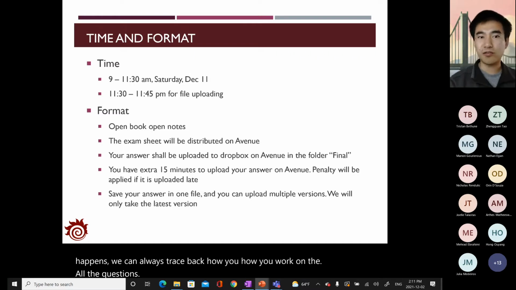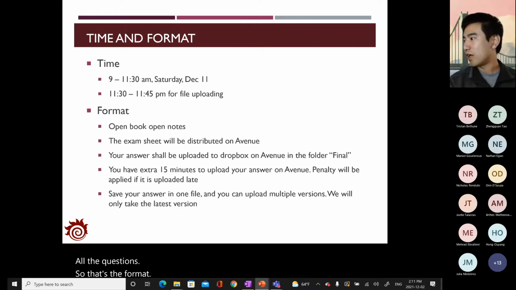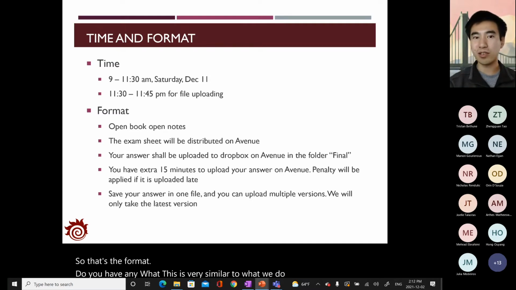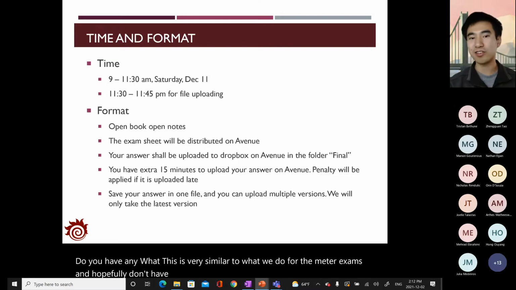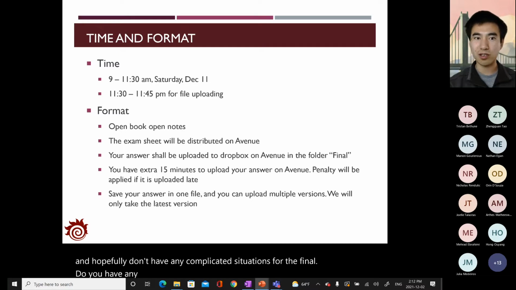So that's the format. This is very similar to what we do for the midterm exams, and hopefully we won't have any complicated situations for the final. Do you have any questions about this format?